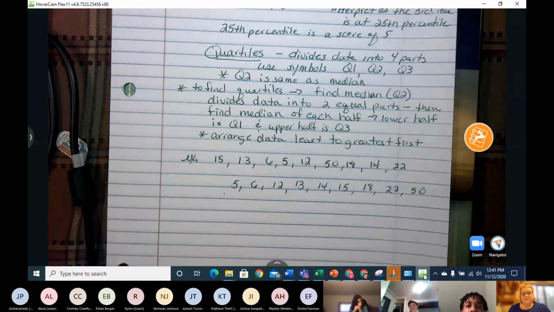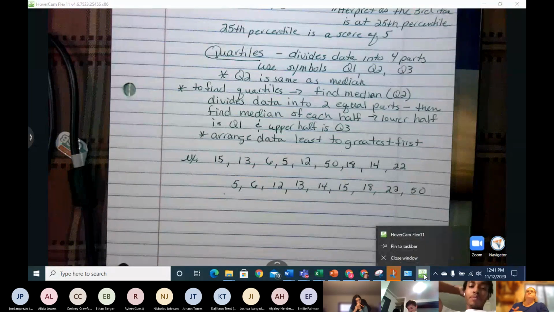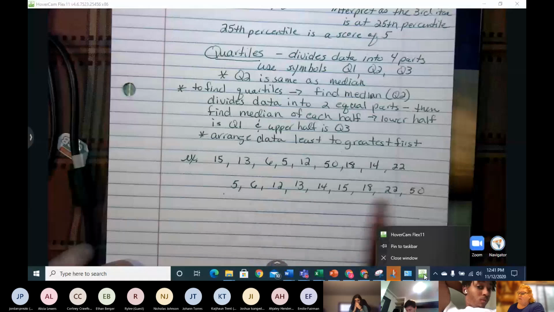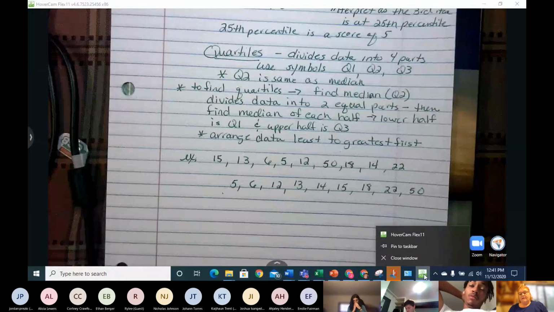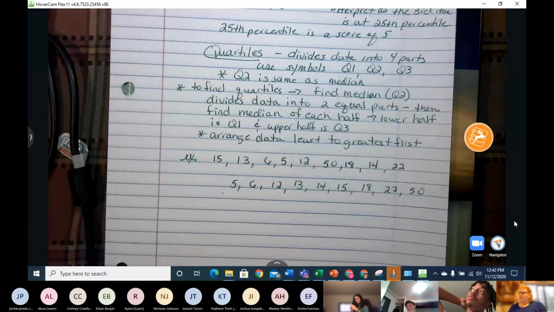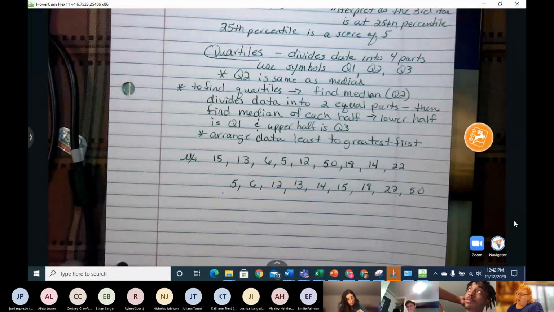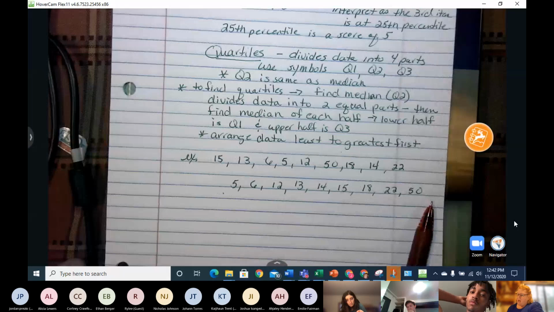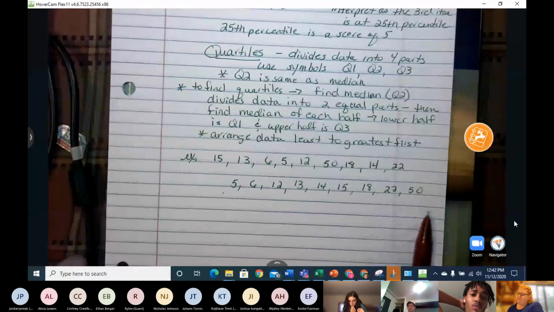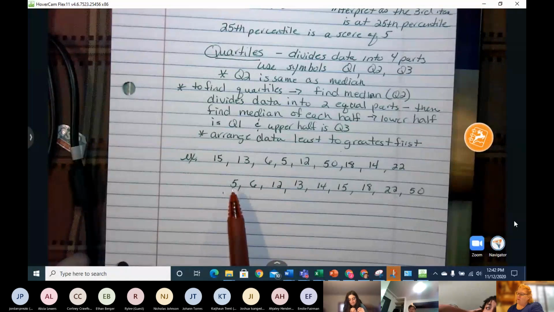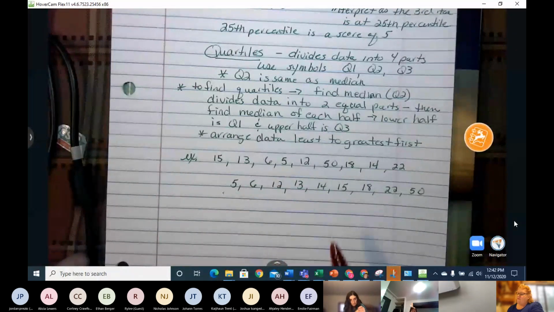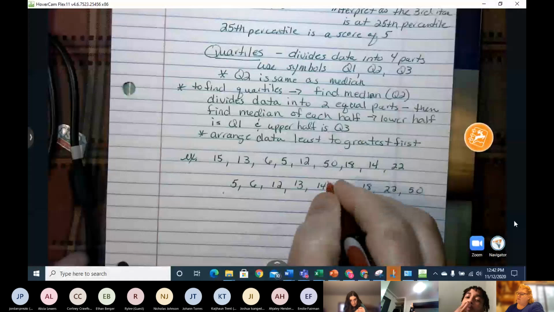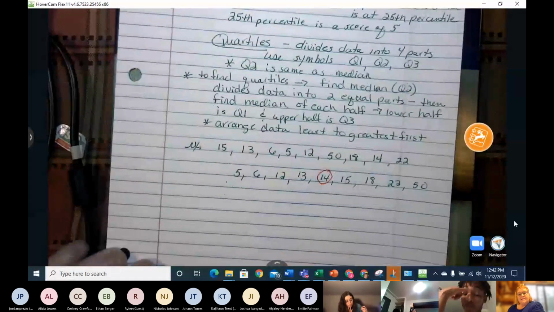All right, so what's the first thing that we do? The first thing that we do is to find the median. So just like we did before, we have an odd number of items on our list. So with an odd number of items, 9 items, 9 divided by 2 is 4.5. The 5th item is the middle. 1, 2, 3, 4, 5. So the 14 is the median.